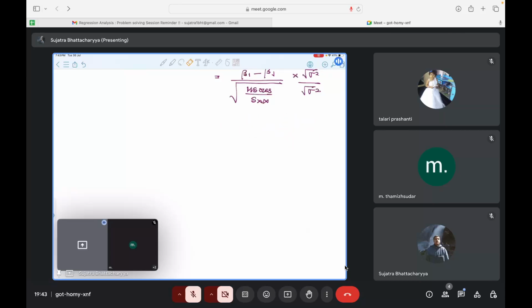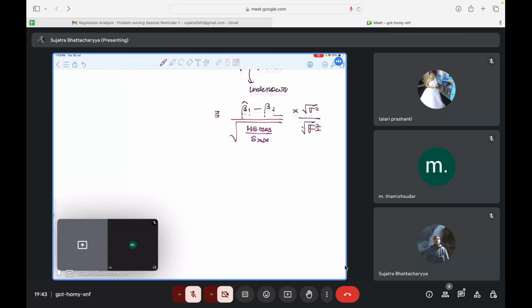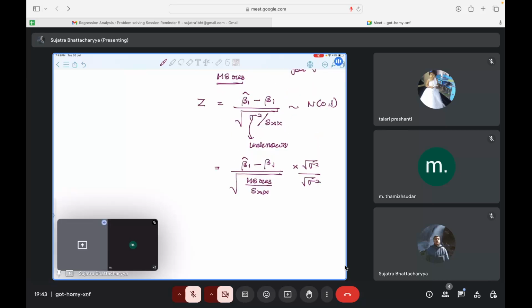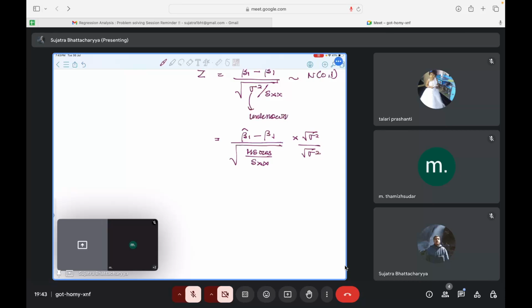Okay. From here, let us do it first. This is fine. Beta 1 cap. This is written, and I have just replaced sigma square with MS residual and multiplied and divided by this. So what I can write now is that beta 1 cap minus beta 1 divided by this I take and this I take.